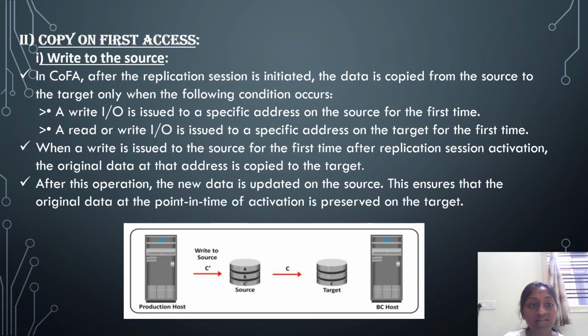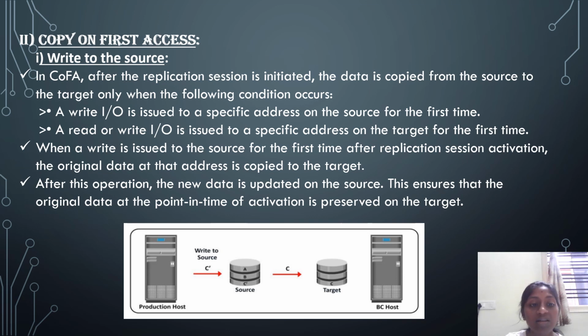Copy on first access. Copy on first access is further classified. The first one is write to the source. In COFA, after the replication session is initiated, the data is copied from the source to the target only when the following conditions occur. The first condition is a write input output is issued to a specific address on the source for the first time.